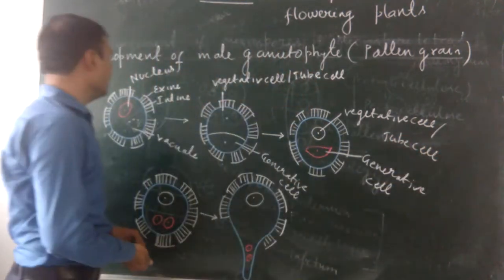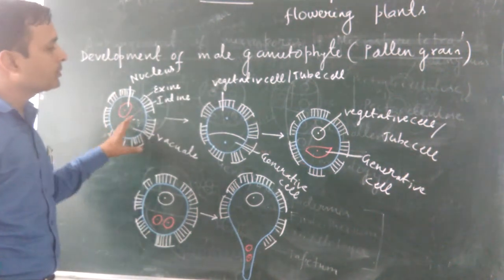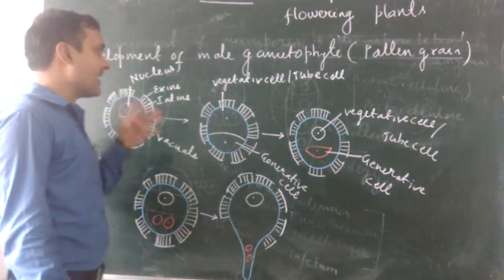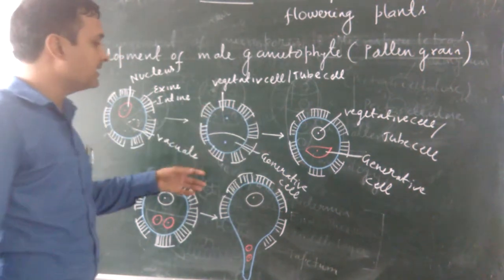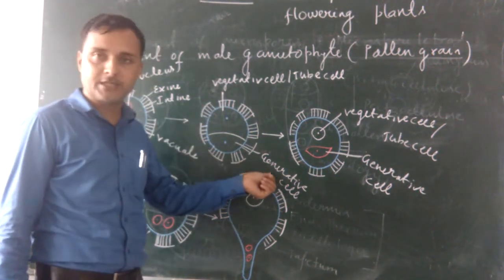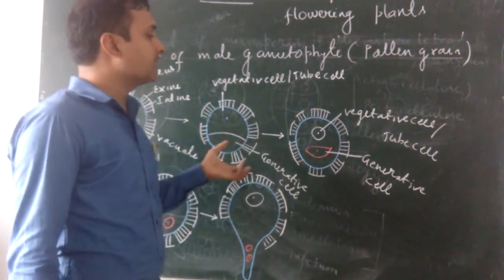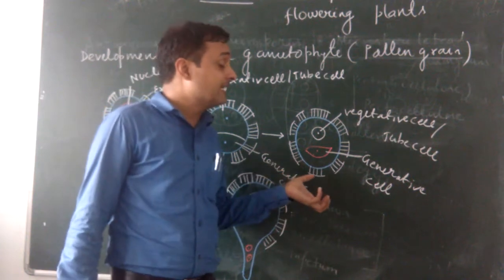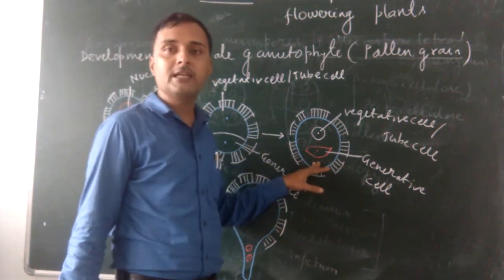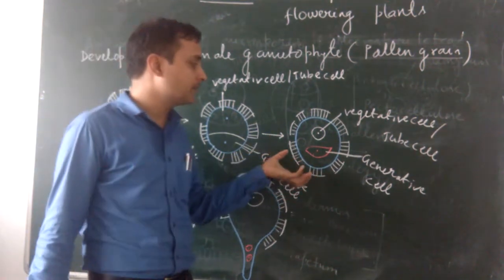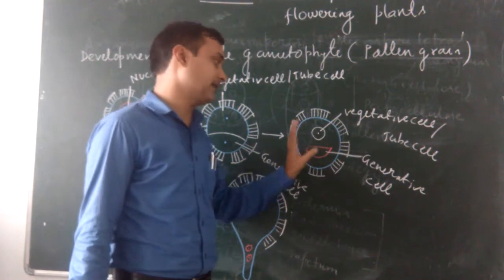So first of all, the cytoplasm of the mature pollen grain divides unequally to form two types of cells. The larger cell is known as the vegetative cell or tube cell, and the smaller cell is known as the generative cell. When the further process takes place, the cell wall of the generative cell dissolves and it becomes a spindle cell, and it floats in the cytoplasm of the pollen grain, and the vegetative cell remains as such.